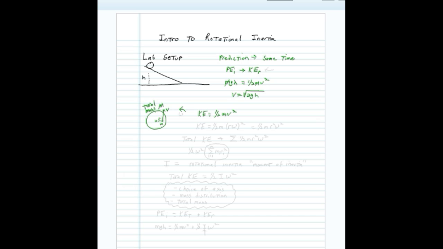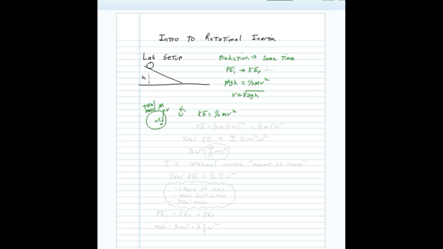What we know about a rigid object is that every point on that rigid object is rotating at the same angular velocity. Even though points farther away might be moving faster in a linear fashion, from an angular perspective, all the points are moving with the same angular velocity, omega.